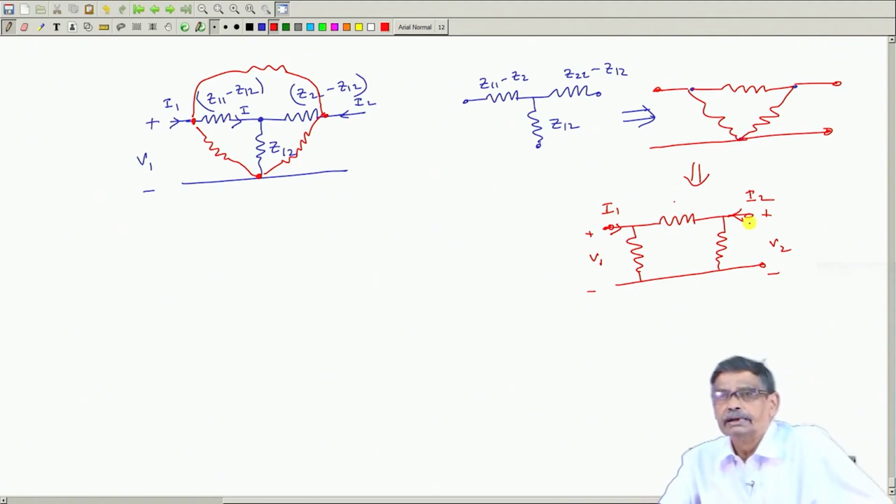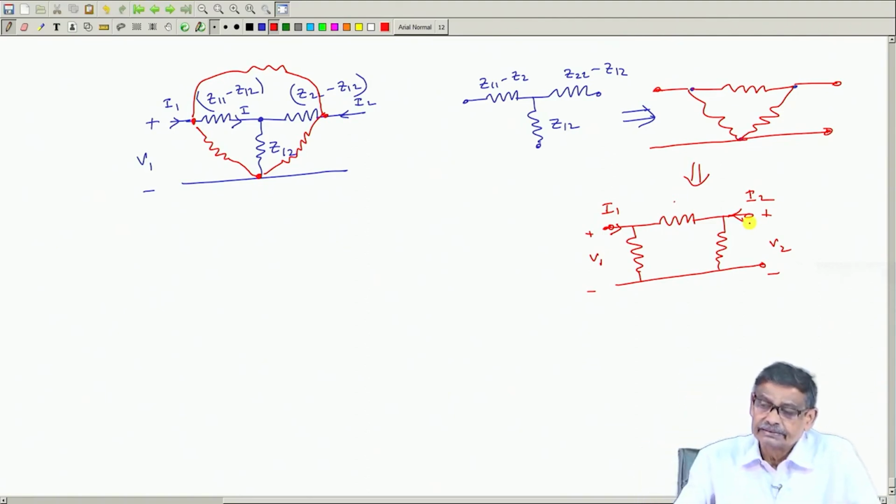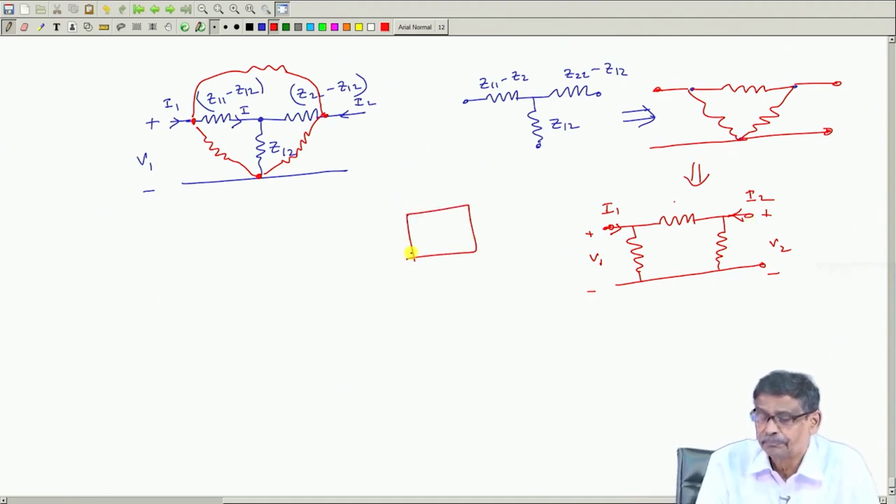Therefore, I am telling you that in essence, generally all the networks will be bilateral and linear networks, and no matter in how complex a way the impedances are connected inside this black box, if you tell me the values, I will always say that this network can be represented as a T network if it is like this.